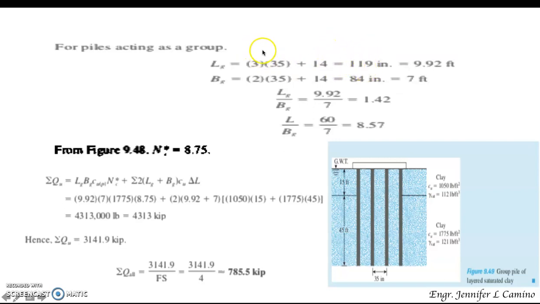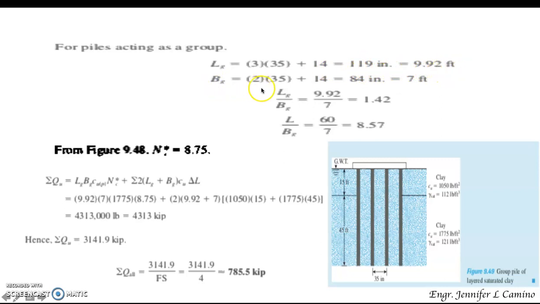So our N1 is 4 minus 1, that is 3, times the spacing, which is 35, plus 2 times D over 2. Our capital D is 14, the cross section is 14 by 14. So you cancel out 2, so we have plus 14. It gives us 119 inches or 9.92 feet.